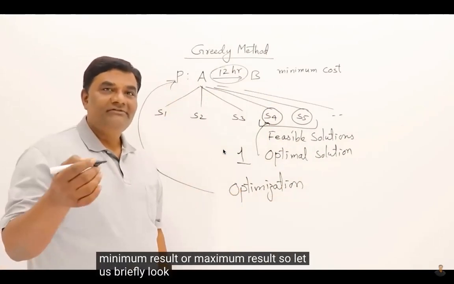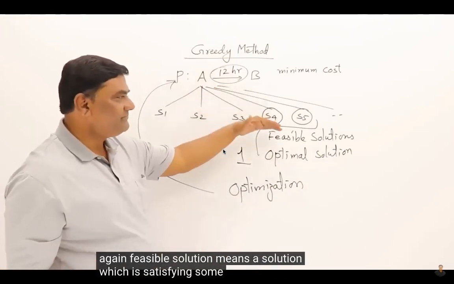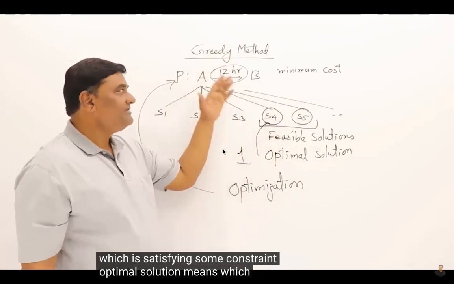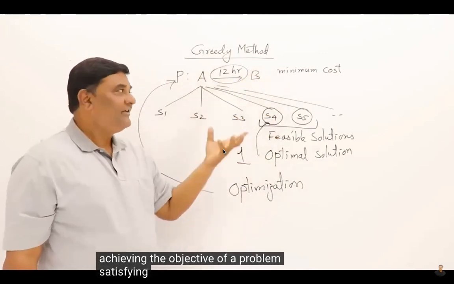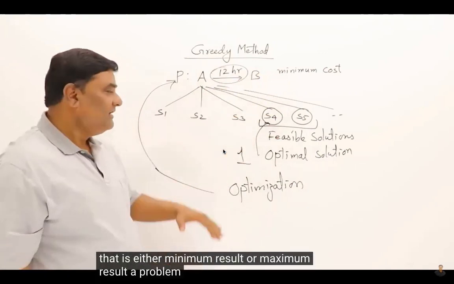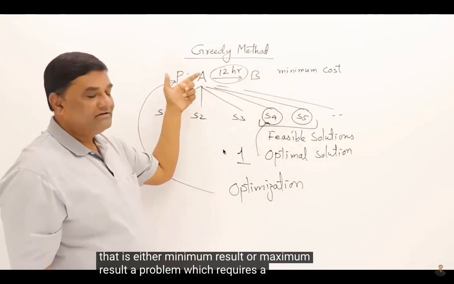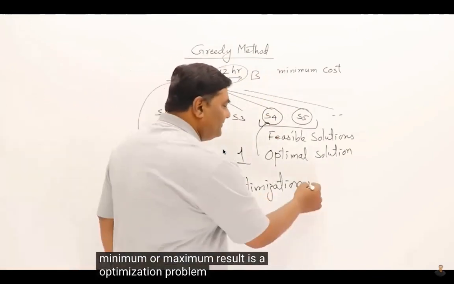So let us briefly look at the terms once again. Feasible solution means a solution which is satisfying some constraint. Optimal solution means which is achieving the objective of a problem, that is either minimum result or maximum result. A problem which requires a minimum or maximum result is an optimization problem.